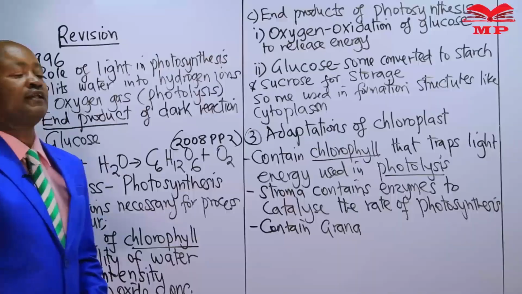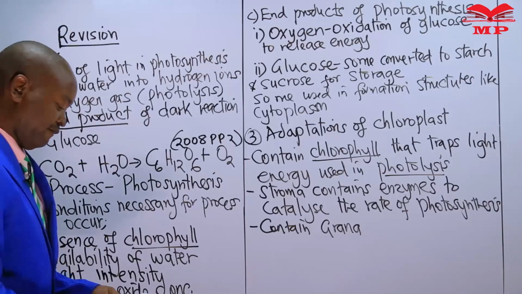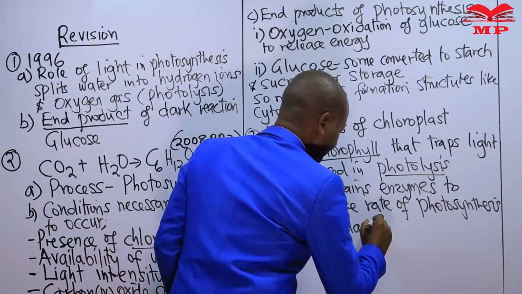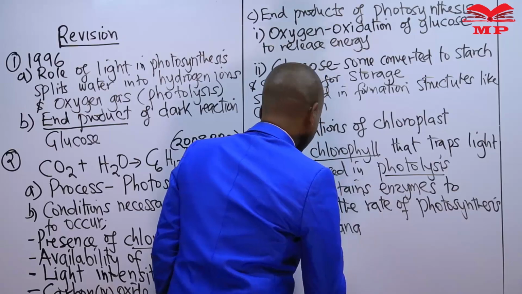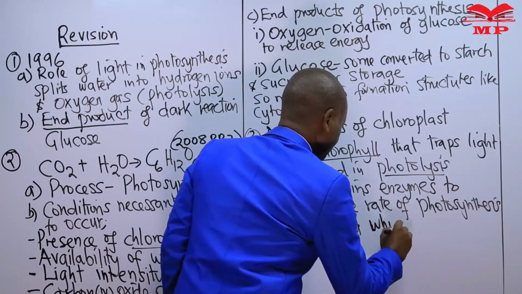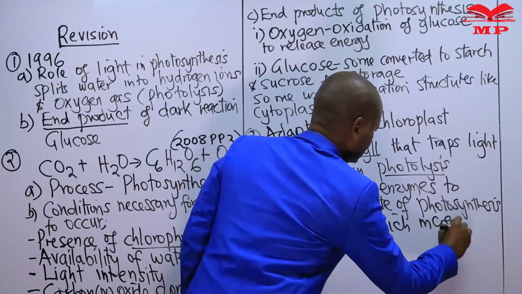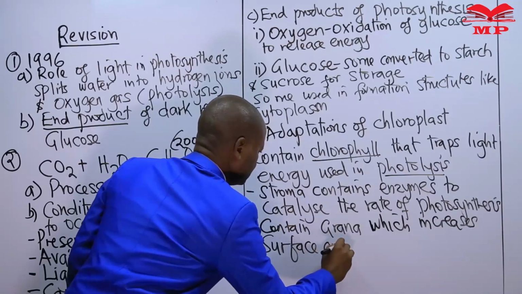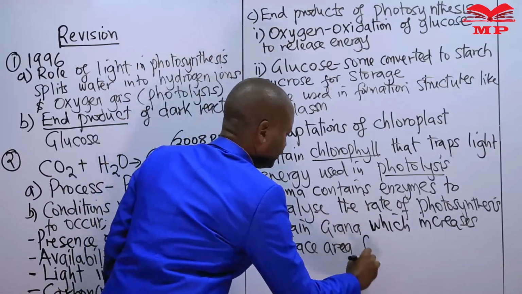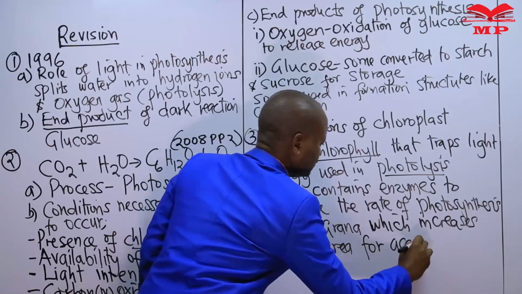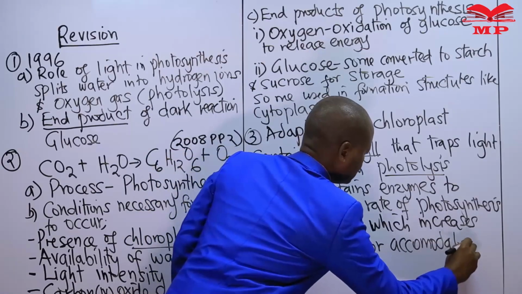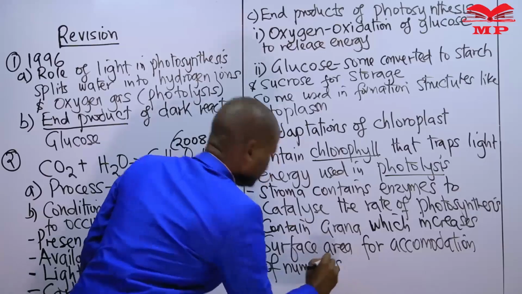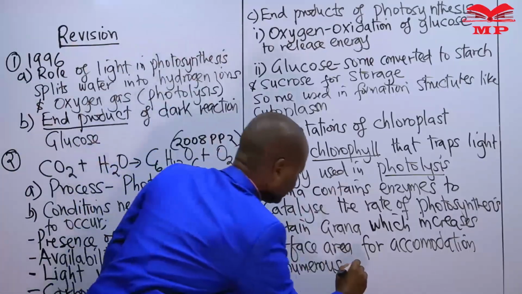Grana is a special structure within the chloroplast, and the function is to increase surface area for accommodation of numerous chlorophyll molecules.